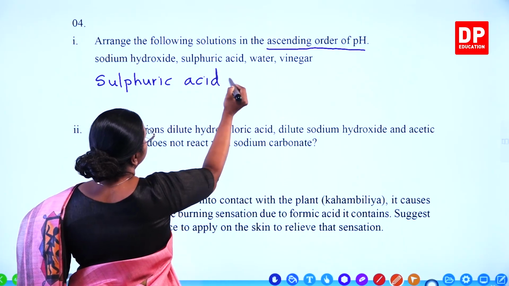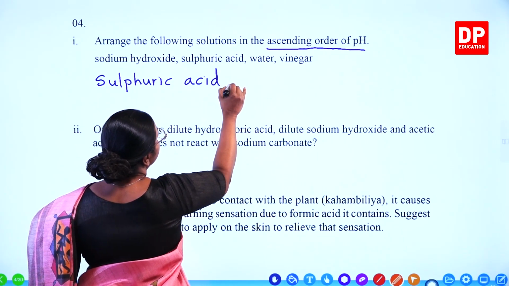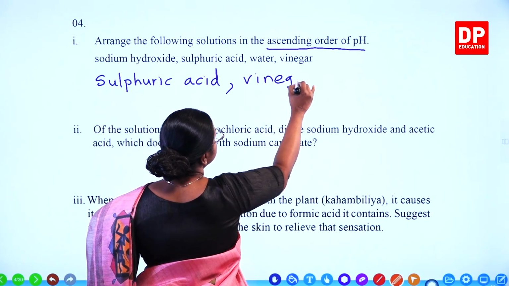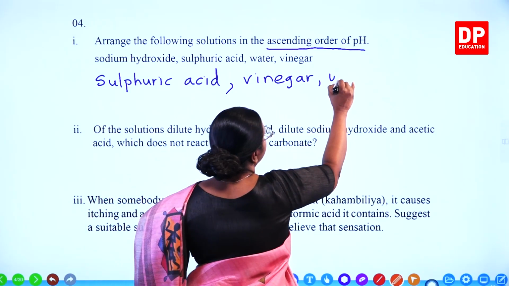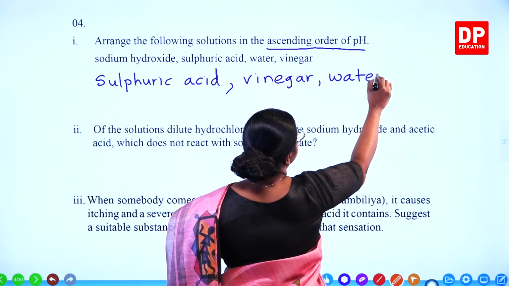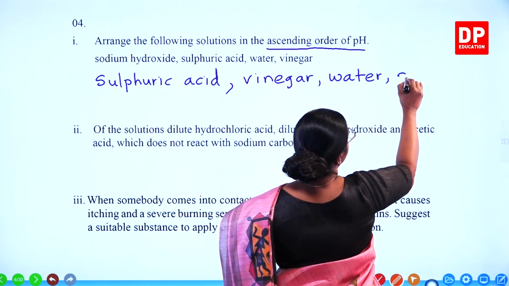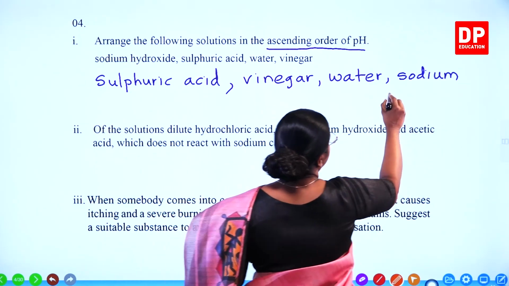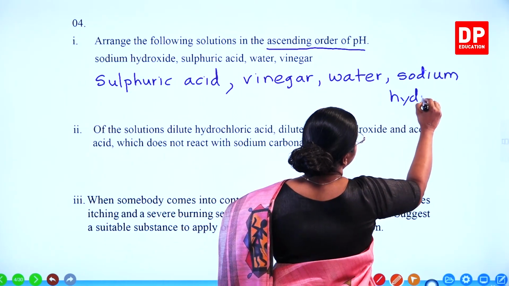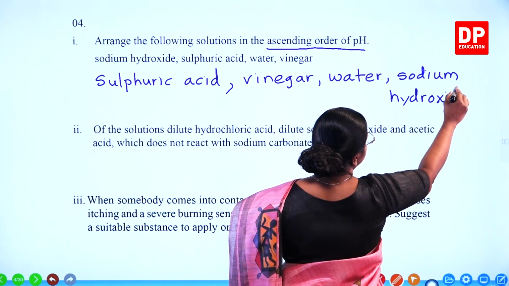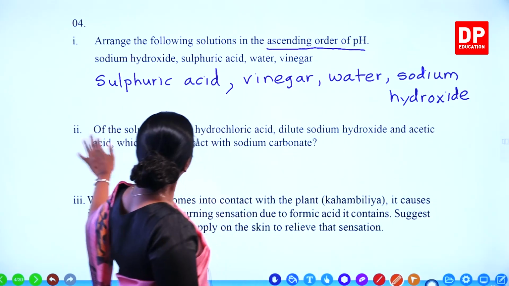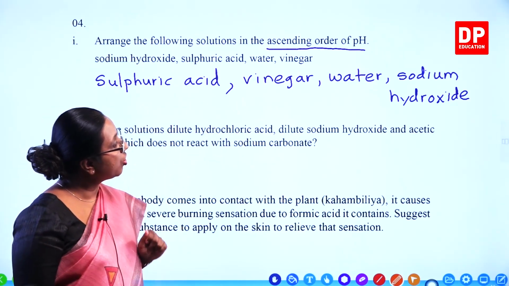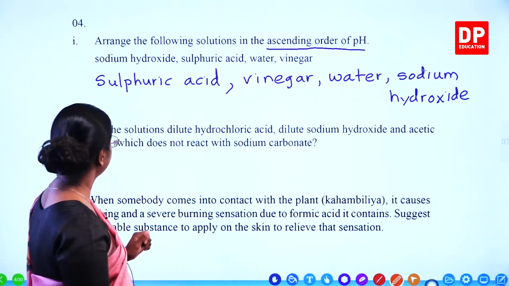Then the pH will be in ascending order, so it will be vinegar, then we can have water, and then sodium hydroxide. You can see the pH increasing. Sulfuric acid, vinegar, water and sodium hydroxide.